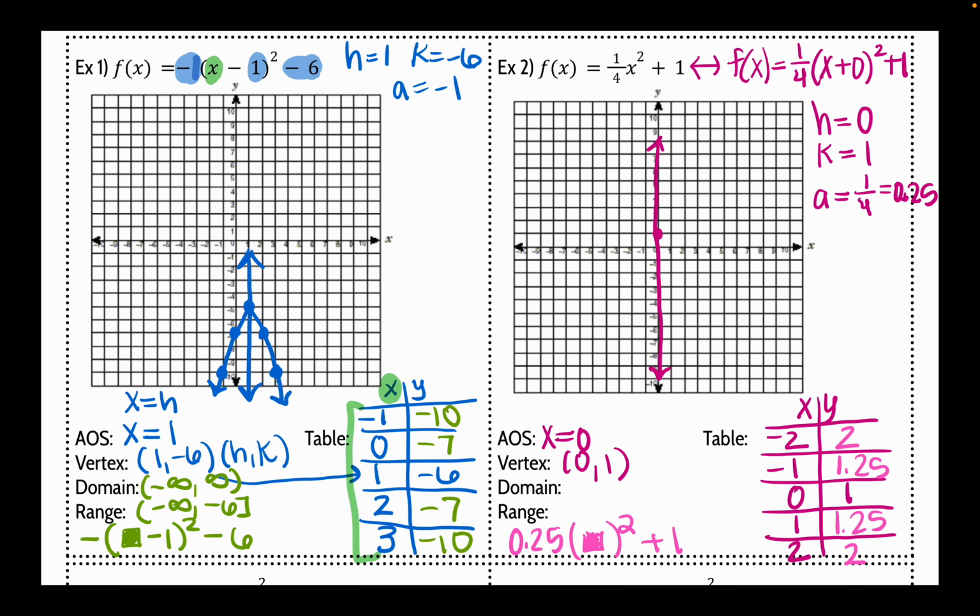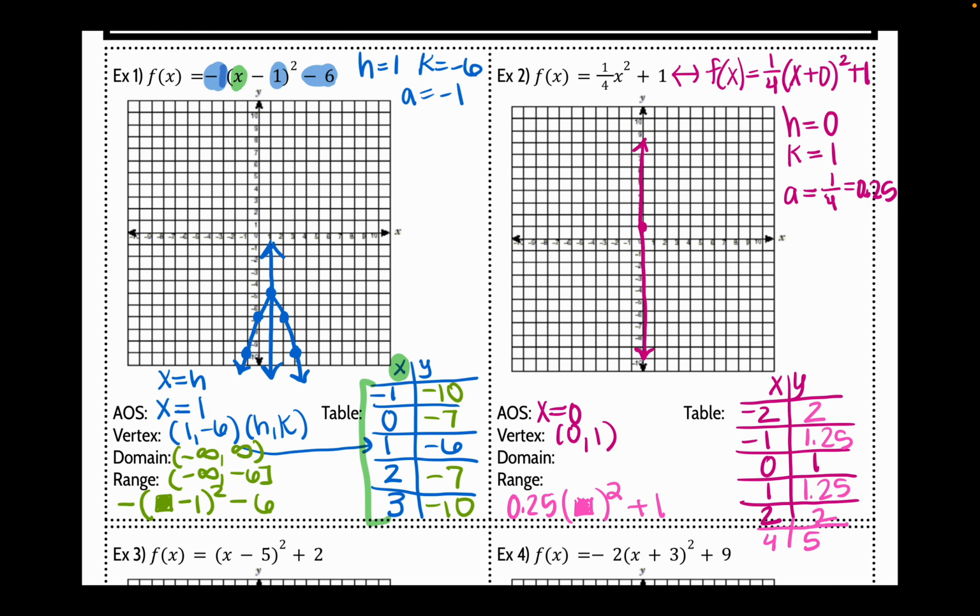And if we wanted to continue, we could even add in an extra point, just since this is not a lot. If we go to 4, if you plug in 4, you end up getting 5. So that's another nice number. You don't always have to keep going, but sometimes it is nice to have some extra numbers in.